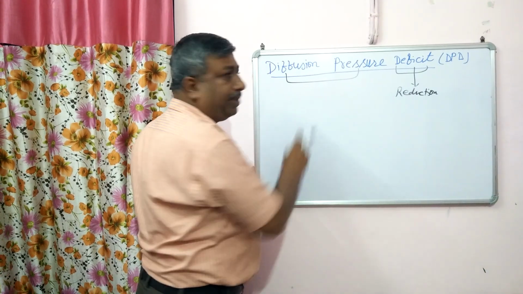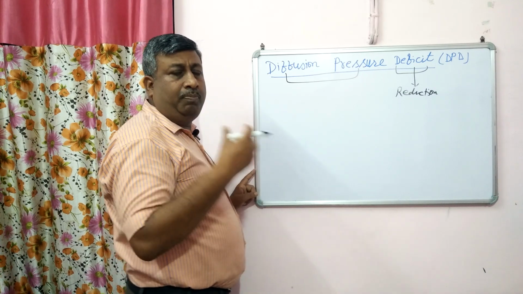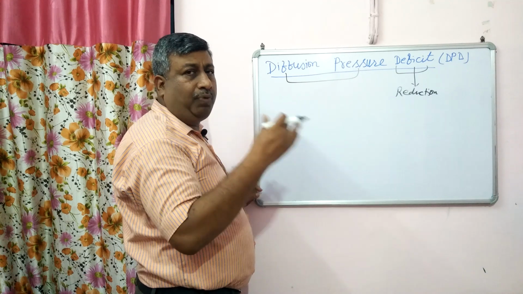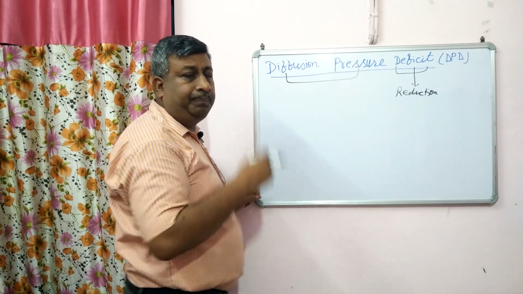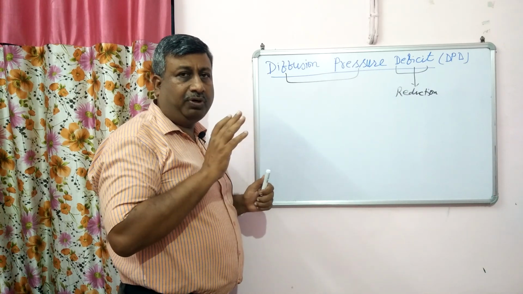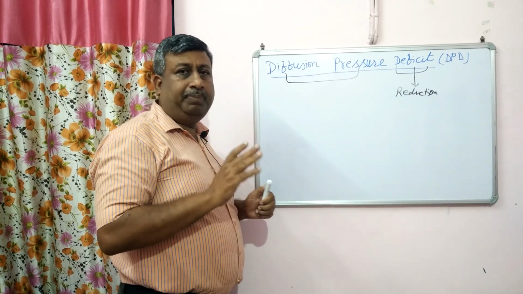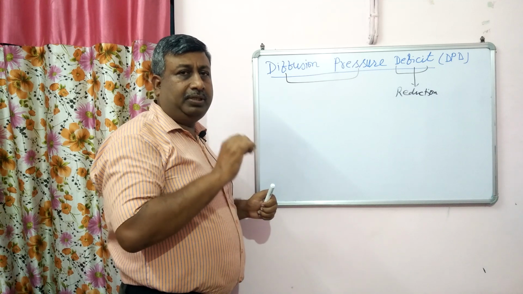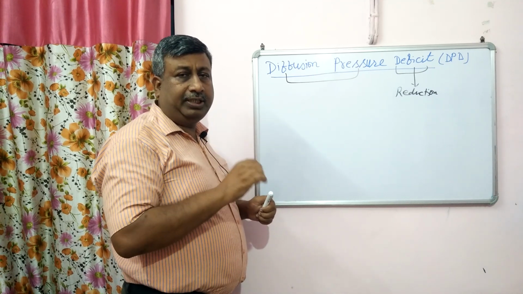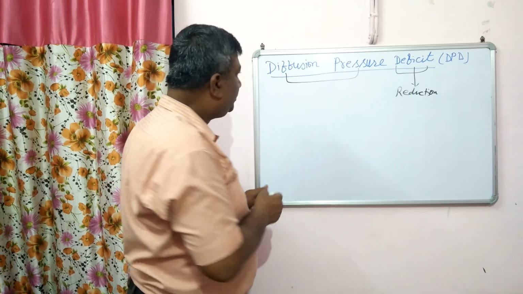And diffusion is the movement of water from high water potential to low water potential, or from less concentrated to highly concentrated solution. So please watch the lecture Process of Osmosis, already uploaded in the playlist General Agriculture, and another lecture, Osmotic Potential.